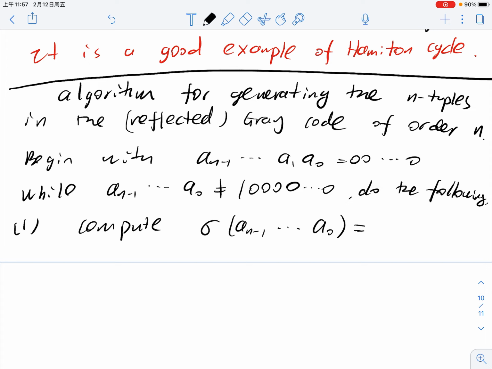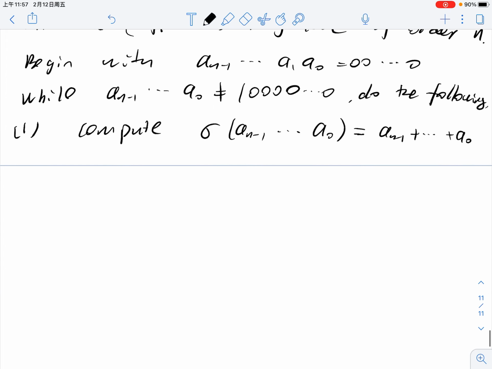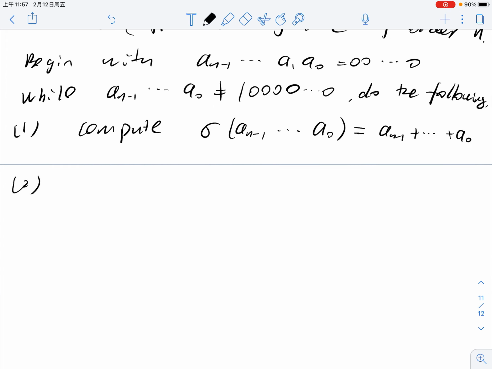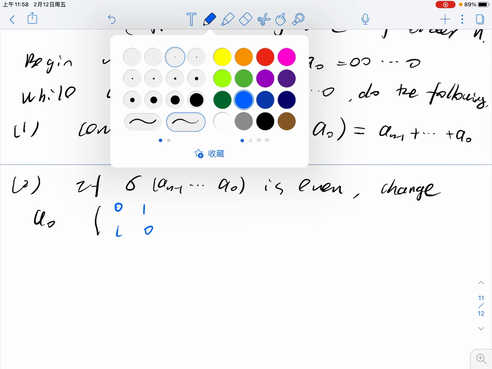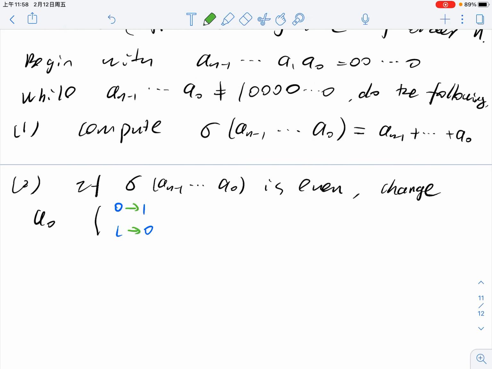This is a numerical invariant for each A sequence: the summation of all the items. And if the answer is even, we change A_0, that means 0 to 1, 1 to 0.